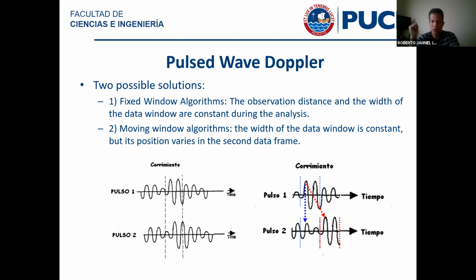The second set of algorithms, the sliding or moving window algorithms, do almost the same, but not really. You have a portion of the data in your first set of echoes, and you grab that portion and slide it over the second set of echoes, trying to find the location at which the correlation between that window and the gated portion of the second set of echoes is the highest.